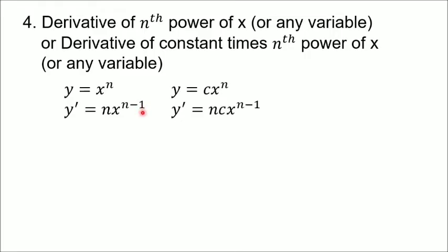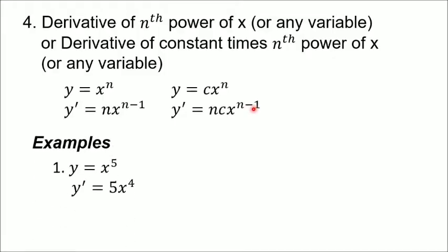O lagi lang mag-subtract ng 1 sa exponent ng x. Or kung meron siyang constant na minultiply doon sa power of x, let's say y equals c times x to the n. So the derivative of that is just equal to n, the exponent, times the constant c times x raised to the power of n minus 1. So subtract din sa exponent.